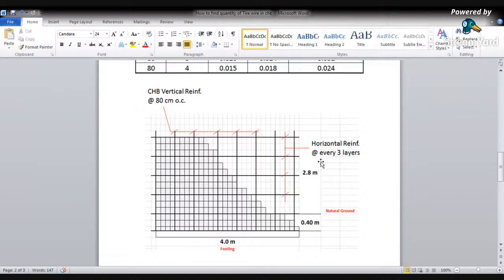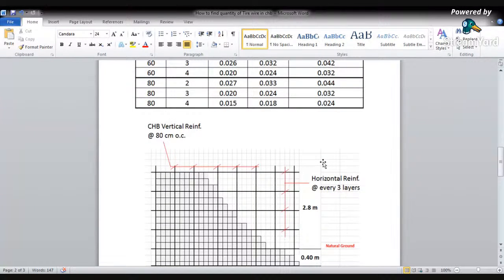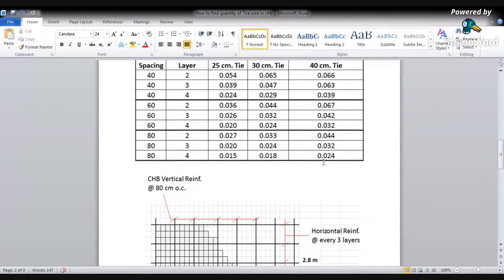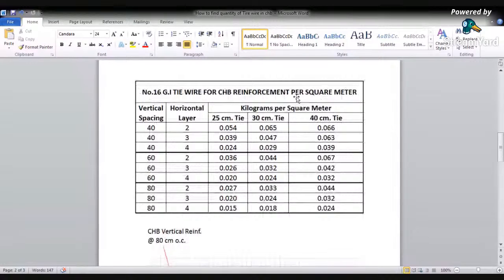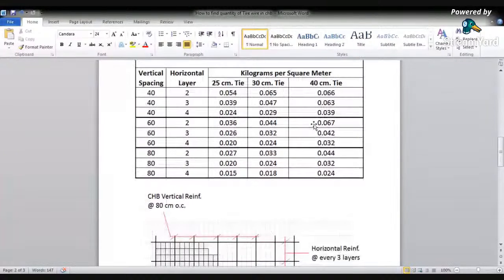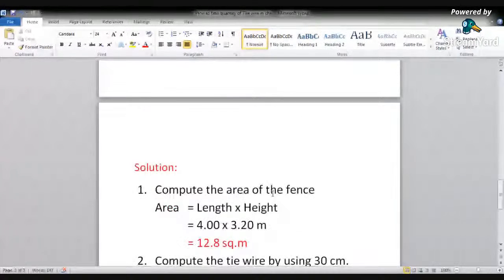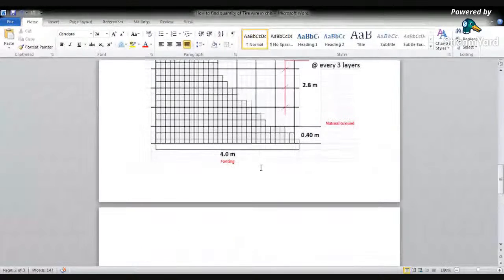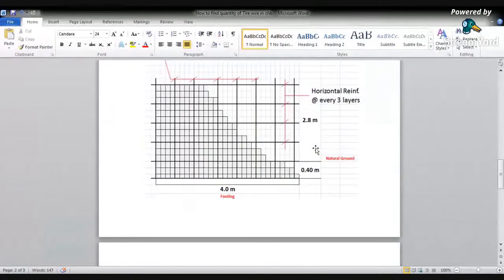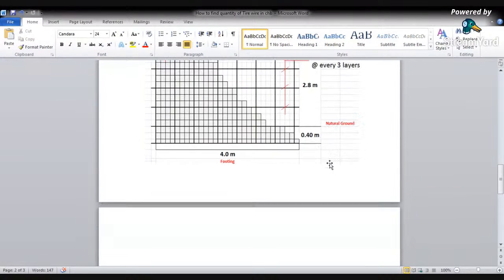So now, going back to the table, we need only the area because it is per square meter. So the area of this fence is 4 times 3.2, the height of the fence. This is the width of 4 meters, height of 3.2.